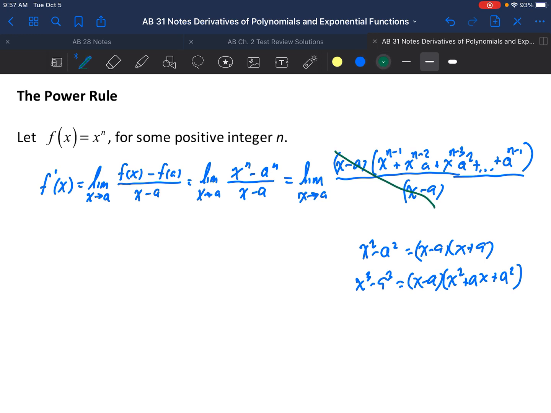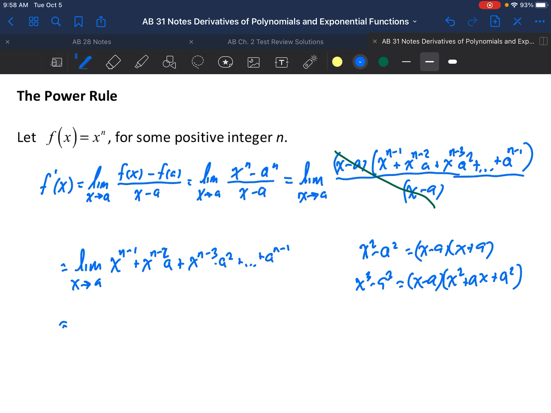So as we apply now, that's going to give us our limit as x approaches a of x to the n minus 1 plus x to the n minus 2 times a plus x to the n minus 3 times a squared plus all the way down to a to the n minus 1.